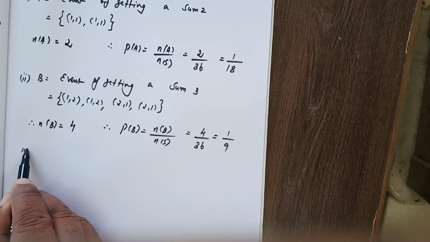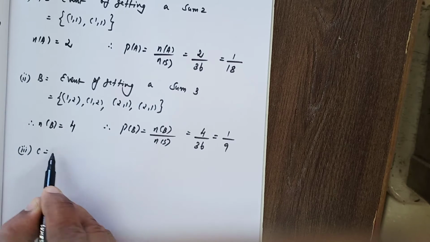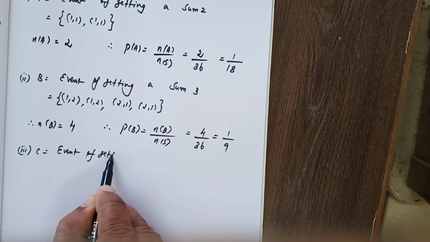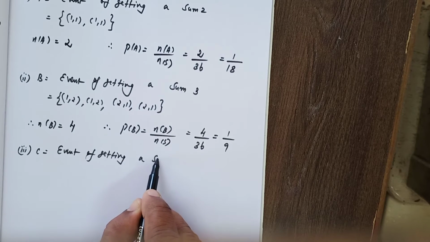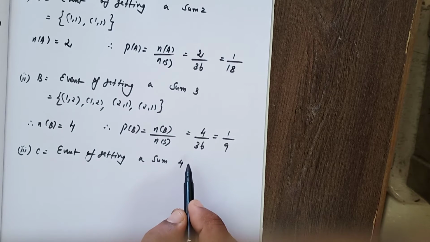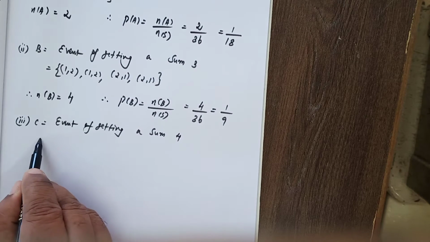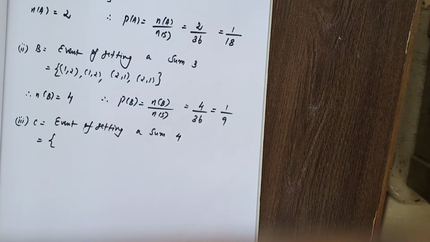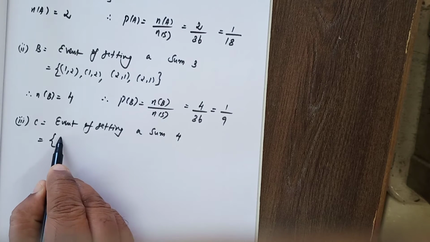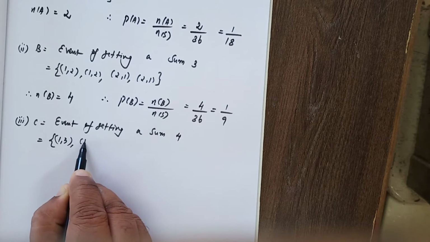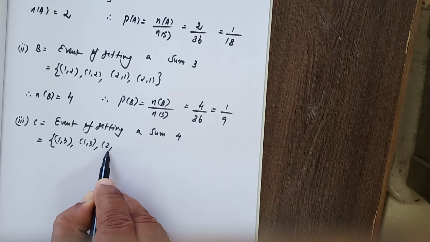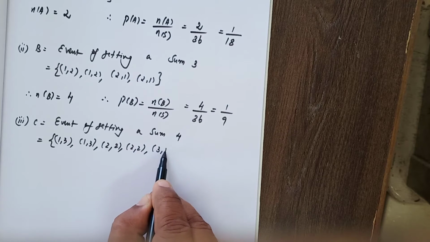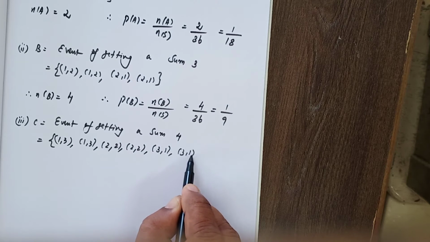Now subdivision number 3. C equals event of getting a sum 4. For getting 4, in the first row we have 1 comma 3, again 1 comma 3. In the second row we have 2 comma 2, 2 comma 2. In the third row we have 3 comma 1 and 3 comma 1.